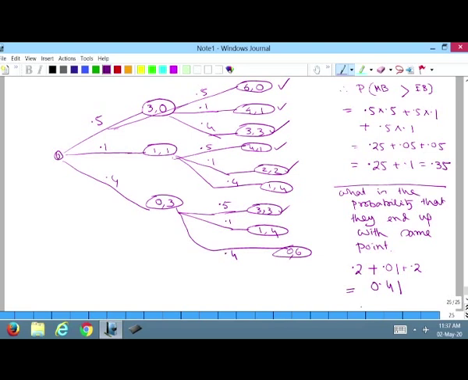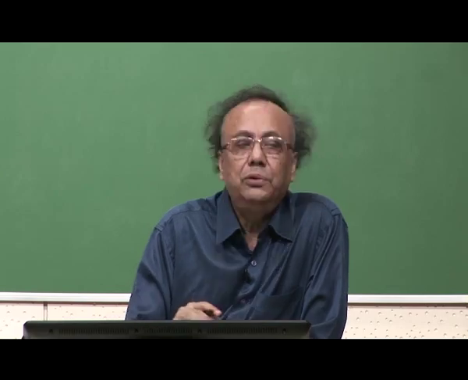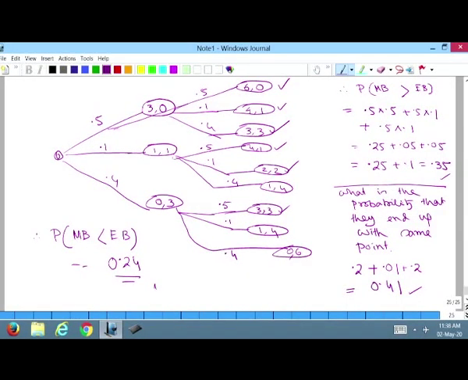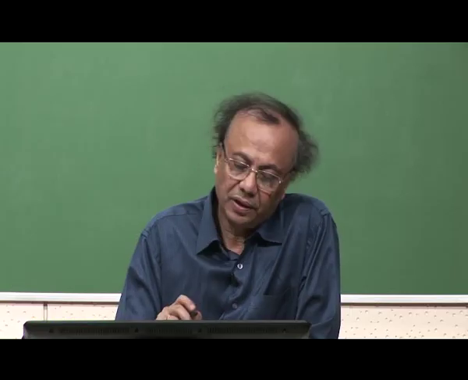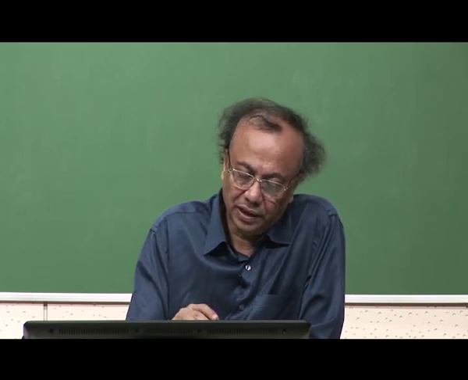Therefore, it is obvious that the probability Mohun Bagan will have fewer points than East Bengal, you can easily understand that these two together is 0.76. Therefore, this is going to be 0.24.